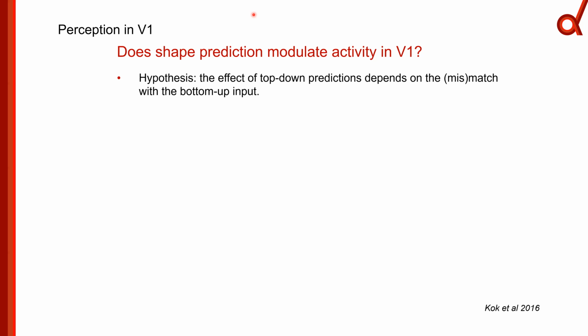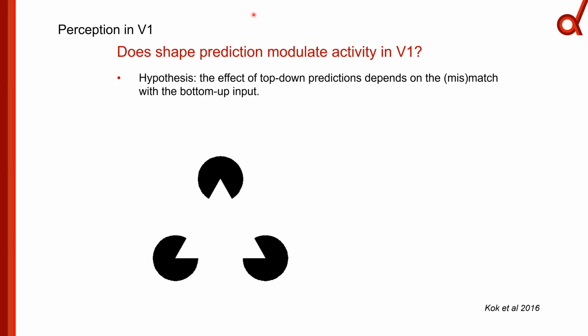One of the attractions of doing laminar fMRI is ultimately that we may be able to test theories of how the brain works, like predictive coding, where you have top-down predictions and they mismatch the bottom-up input. And if you present a shape like this, then you cannot avoid seeing a triangle here.